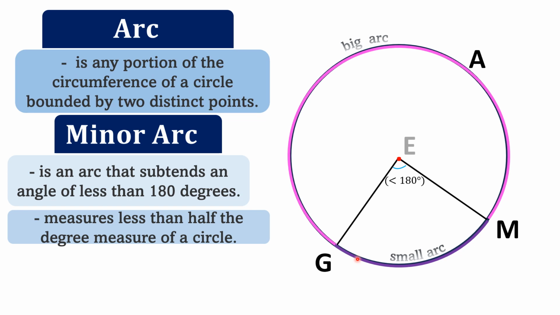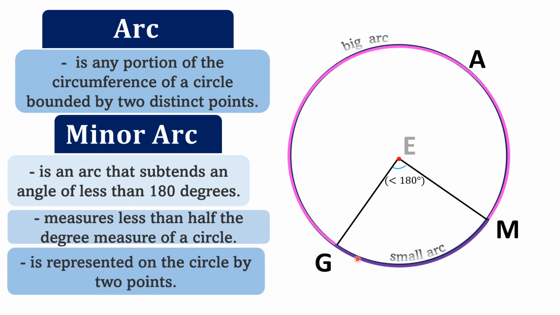Now, how do we name a minor arc? It is represented on the circle by 2 points. So the small arc here is the minor arc, and its name is arc GM or arc MG.